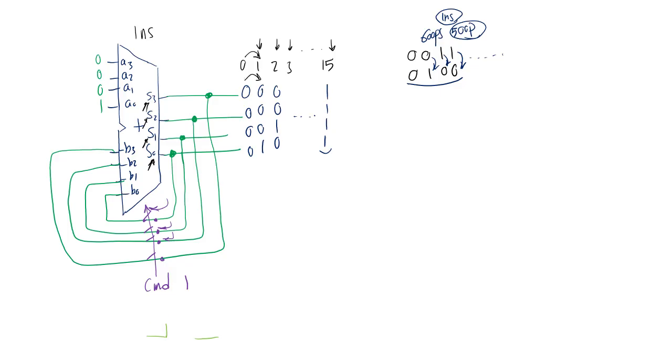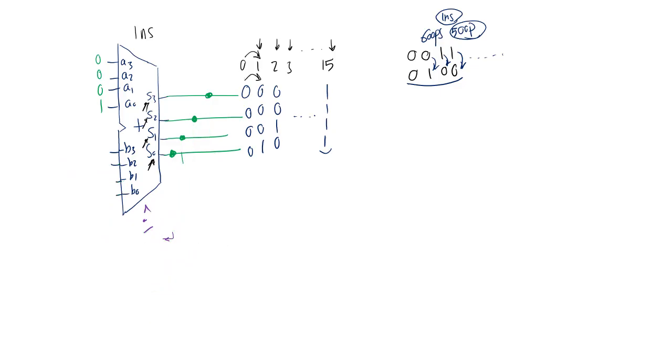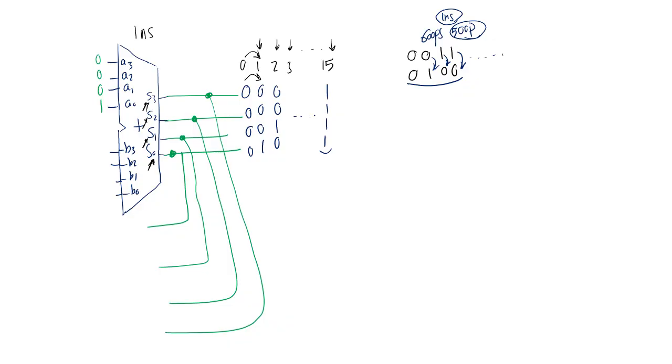So I can redraw this circuit by doing this. I'm going to bring my wires, but I'm going to connect them to a D flip-flop. It's actually an inverted flip-flop, so the input is on the right and the output is on the left.